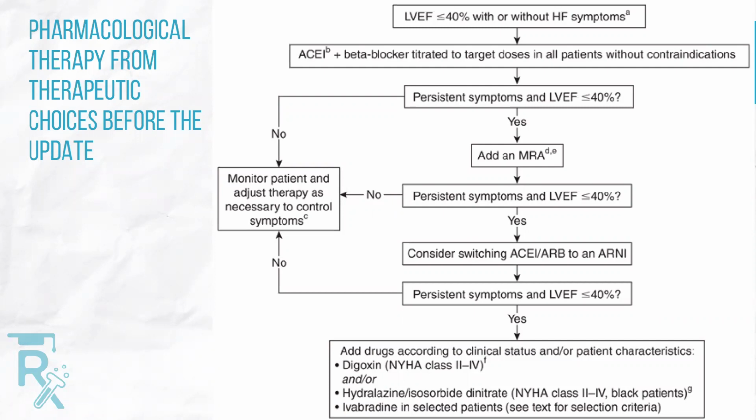To reach the optimal heart rate of 50 to 60. What's 50? I'm sorry. If the heart rate is less than 70, I will not add ivabradine at all. Yes. So what is 50 and 60? I didn't get it.